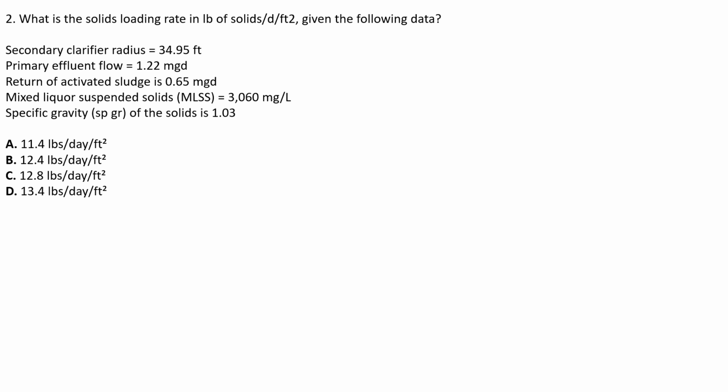Specific gravity of the solids is 1.03. Is it A, 11.4 pounds per day per square foot, B, 12.4 pounds per day per square foot, C, 12.8 pounds per day per square foot, or D, 13.4 pounds per day per square foot?